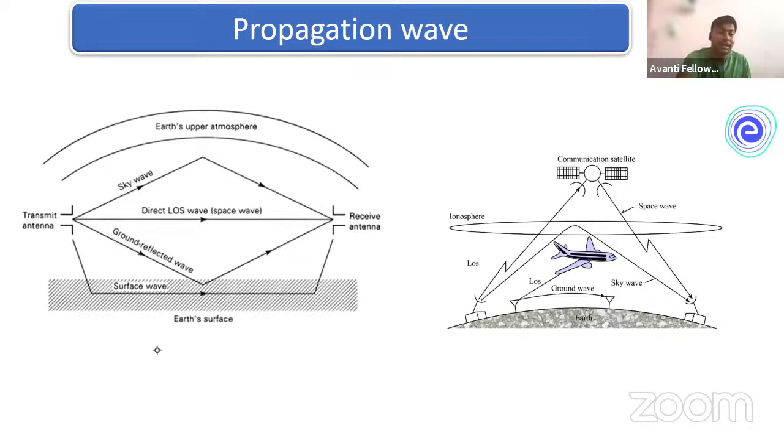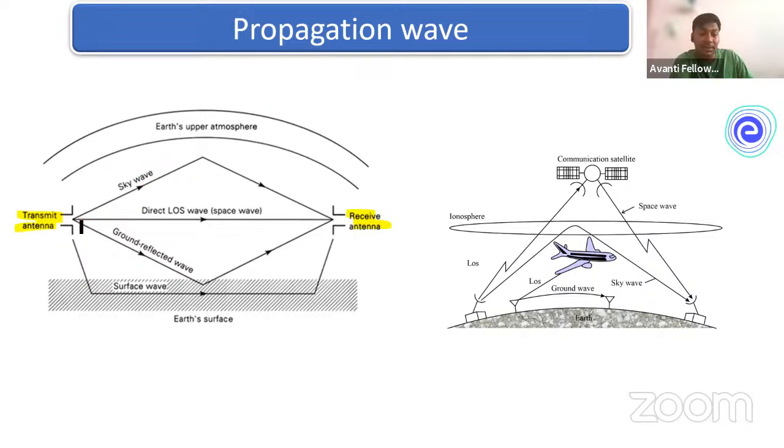Here is a transmitter antenna, and here is the receiver antenna. From the transmitter antenna to the receiver antenna, we have these types of signal propagation.